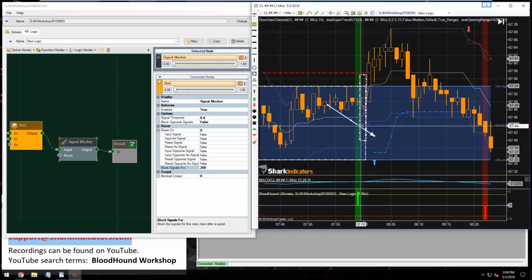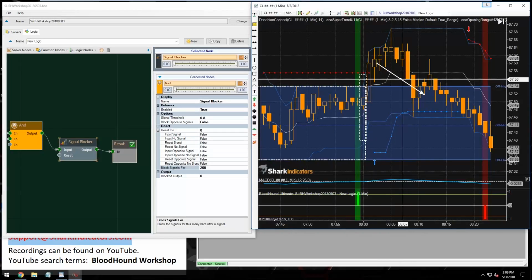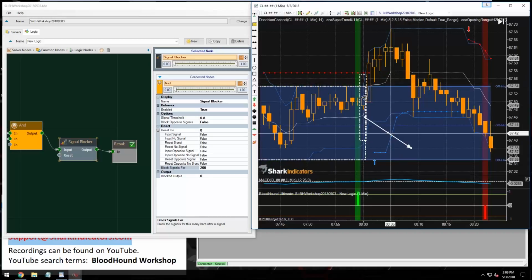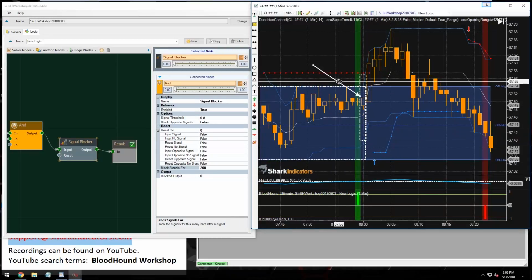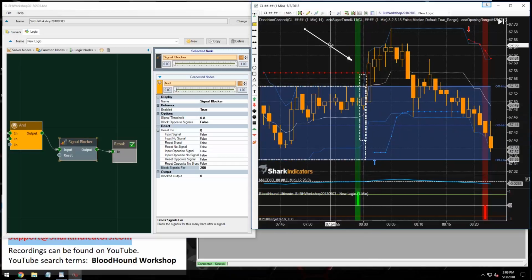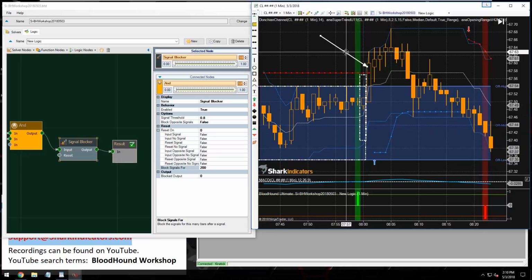So then we need to generate a long signal if price comes back up, for a possible long breakout. So I don't want to block any signals while price is bouncing around inside the range. We want to make sure that we only block after price makes that breakout.